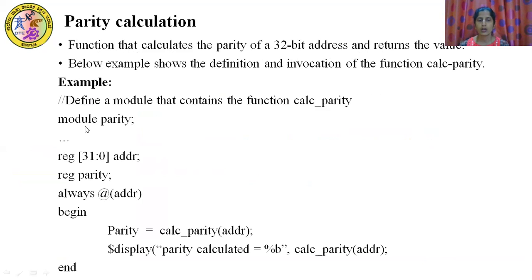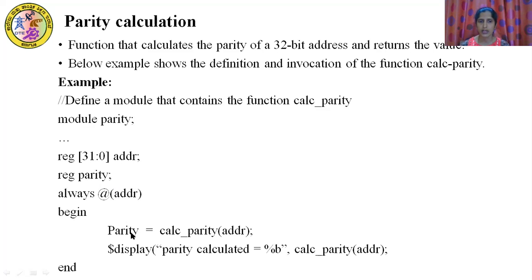The module begins with the keyword module followed by the name of the module, that is parity. Here address is declared as a 32-bit register and parity is declared as a 1-bit register, followed by always @ and the sensitivity list. So whenever the parameter in the sensitivity list changes, the statements within always will be executed.